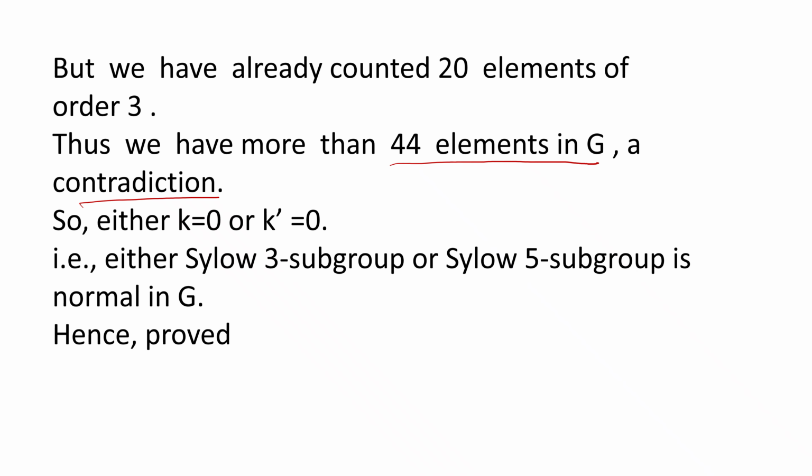So, either k is equal to 0 or k dash is equal to 0, which implies that either the Sylow 3 subgroup or the Sylow 5 subgroup is normal in G. Hence, the result is proved, which says that if the order of the group is 30, then either the Sylow 3 subgroup or the Sylow 5 subgroup is normal in group G.